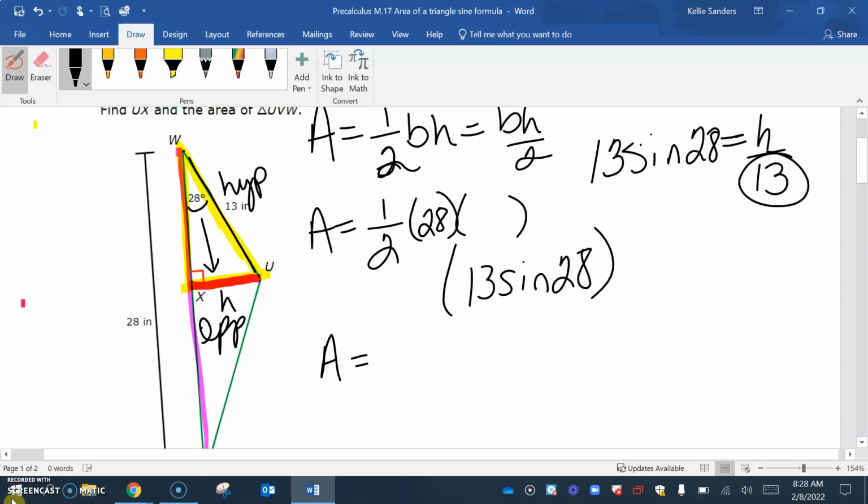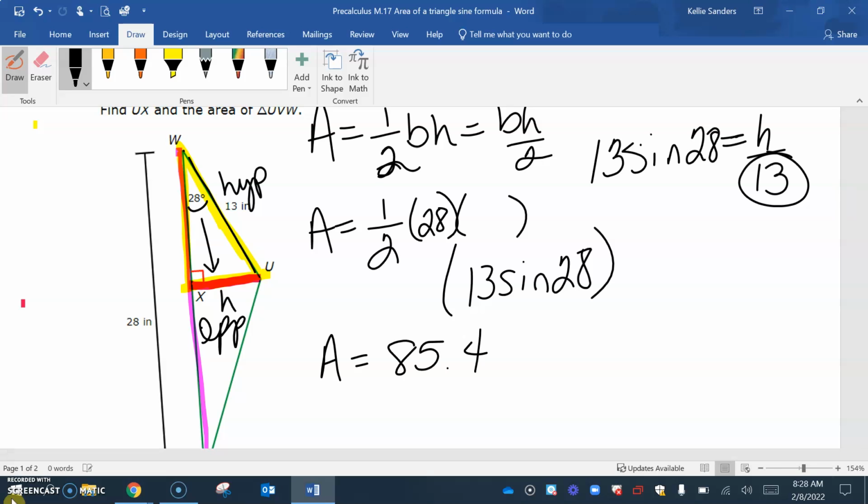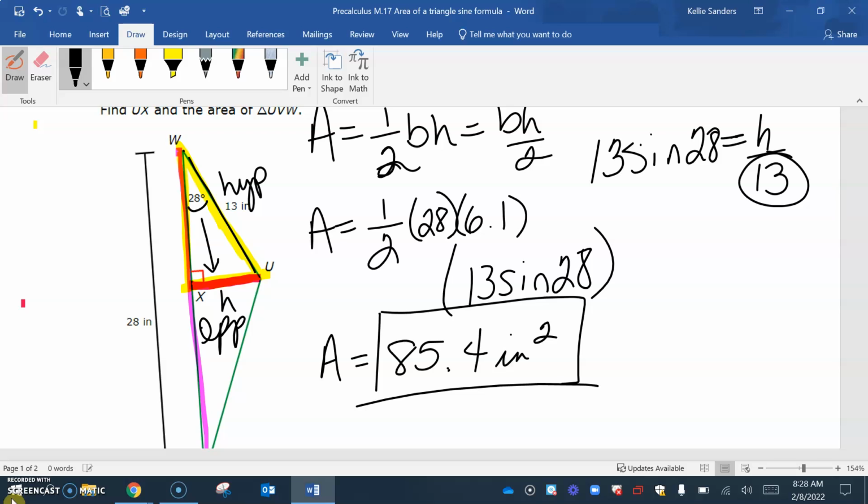So I just plugged all that in. So the area is 85.4 inches squared. The height, if you wanted to know that, is 6.1. So if you wanted to do this first and then put it into the formula, you can do it that way.